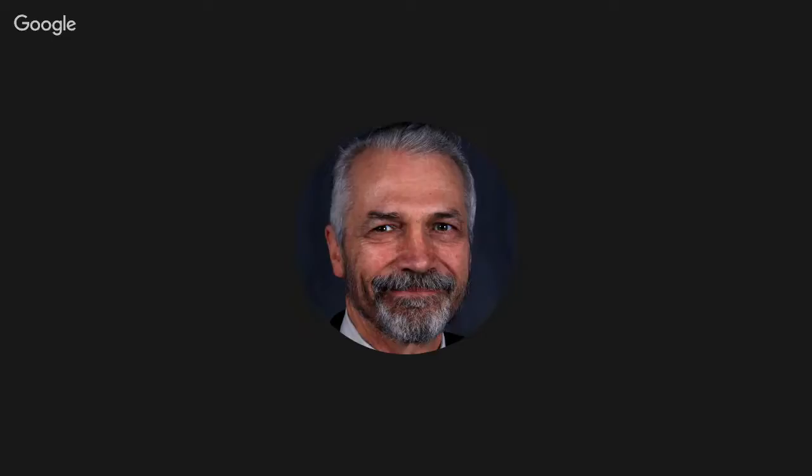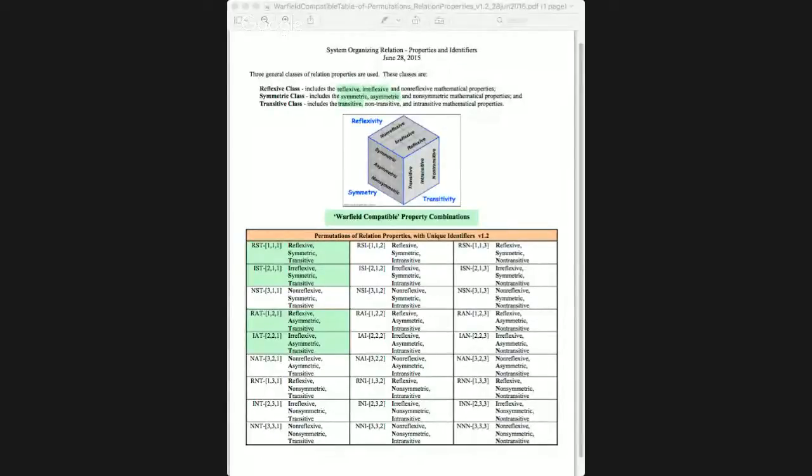So again, going back and looking at this particular part: the organizing system structure pieces that we have within the 27 buckets, the ones highlighted in green here were the areas and the properties that Warfield addressed. We can see that there are many other combinations present on this chart, which are there for completeness and to reduce uncertainty.